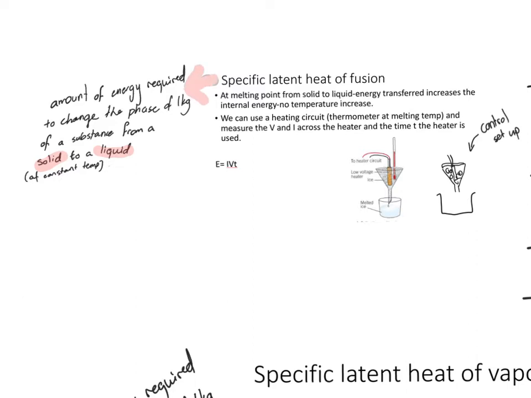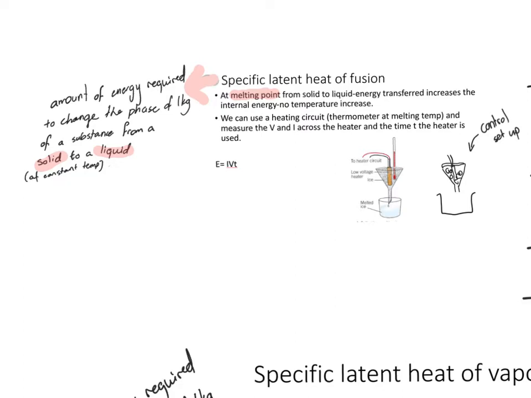So basically, it can only happen at its melting point or freezing point. Going from a solid to a liquid, we talk about melting point. If it's going from a liquid to a solid, it's the freezing point. So the energy transferred increases the internal energy, but there is no temperature increase.